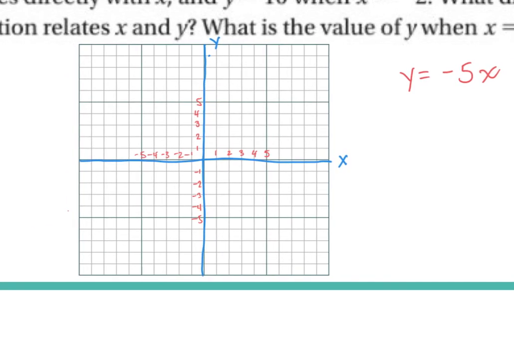Our slope is negative 5. Why? Because that's our k. Our slope is negative 5, and we know one of our points is right in the middle, 0, 0. Direct variation, always, always, always, one of your points is right in the middle.